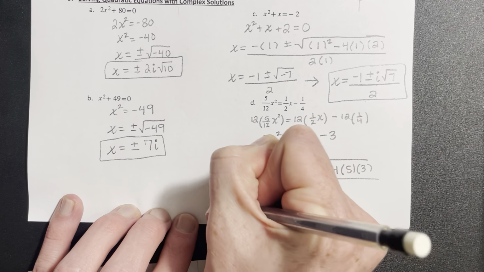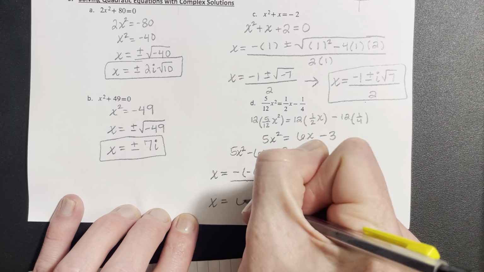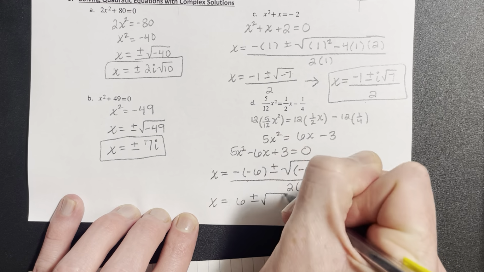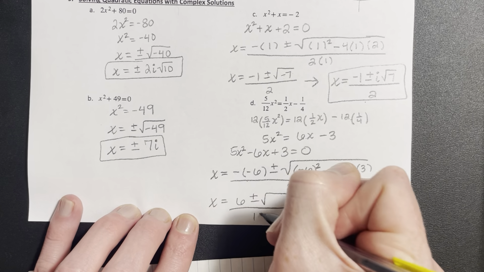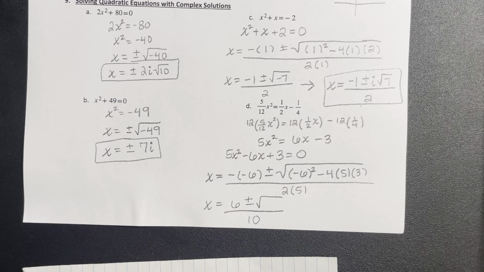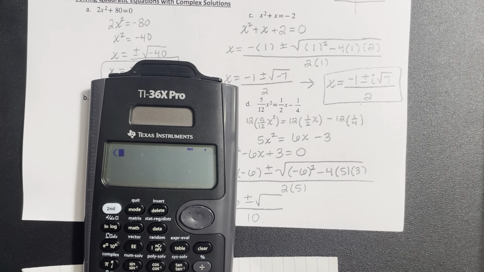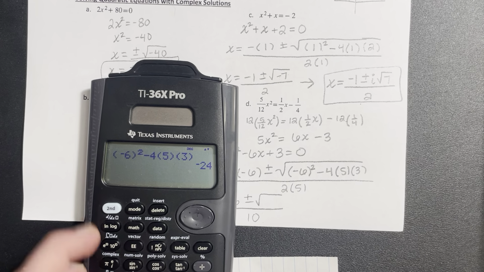And we're going to simplify that out. We get positive 6 plus or minus the square root of some value divided by 10. And let's figure out what's going on inside that radical. So we have parentheses, negative 6 squared minus 4 times 5 times 3, and we get negative 24.